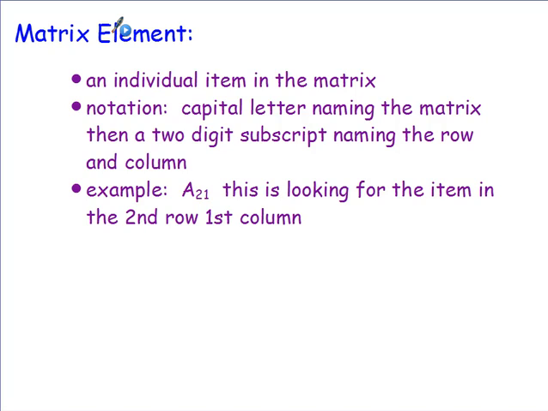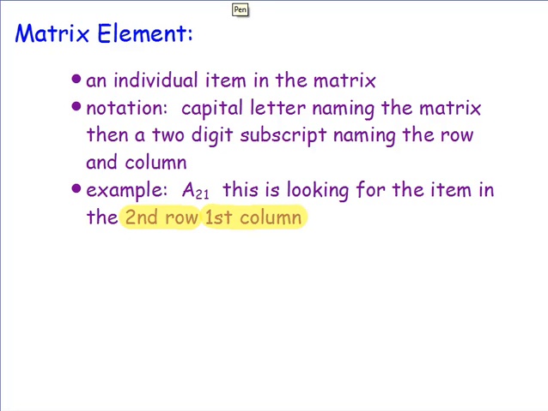The notation that you will see asking for a matrix element is a capital letter naming the matrix, then a 2-digit subscript. Subscripts are little numbers down below, and they name first the row and then the column, like the dimensions. So for example, A21. This is looking for the item in the second row, first column.